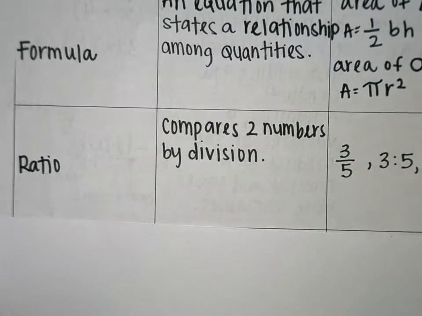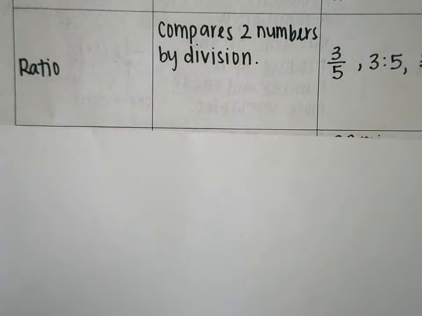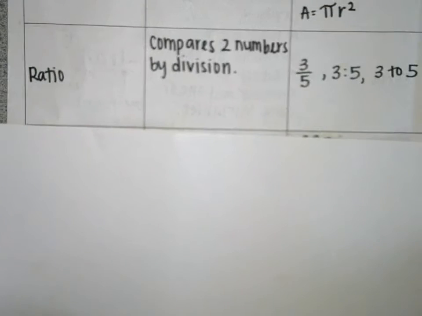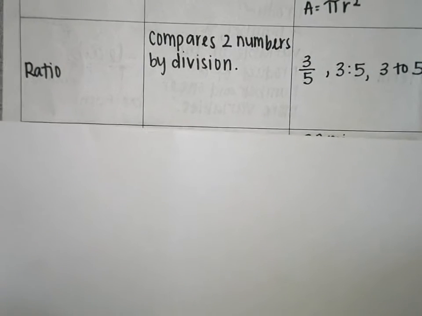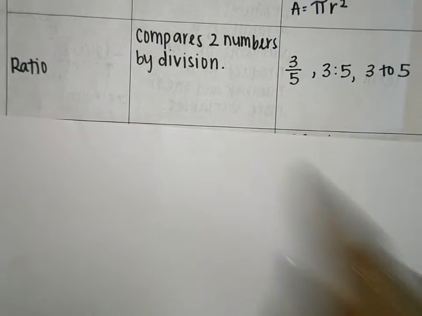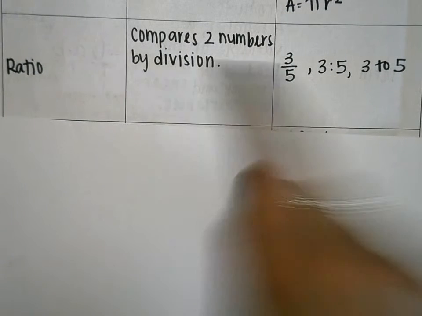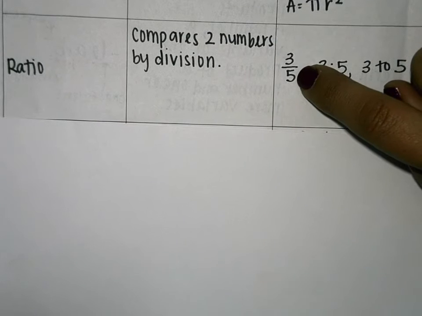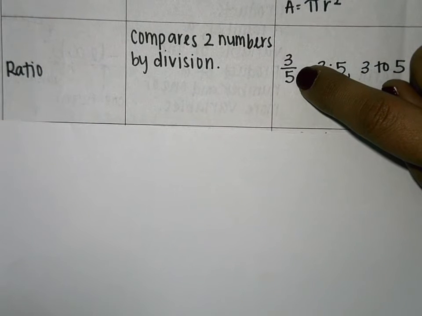The first vocabulary word that we're going to add, right underneath the word formula, is the vocabulary word ratio. The definition of a ratio is something that compares two numbers by division. So 3/5 is a ratio.